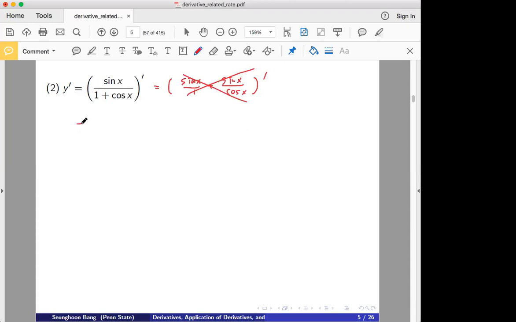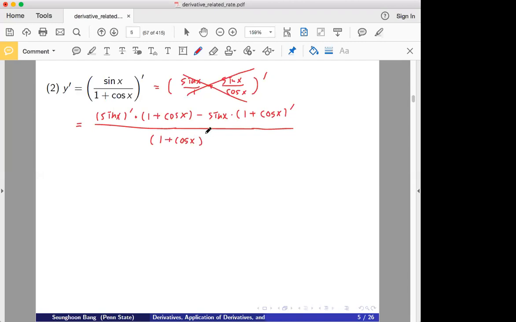So how can you find this one? You have to use the quotient rule. So first, the top one prime times the bottom one, minus the top one times the bottom one prime, over the bottom one squared. This is exactly the quotient rule.